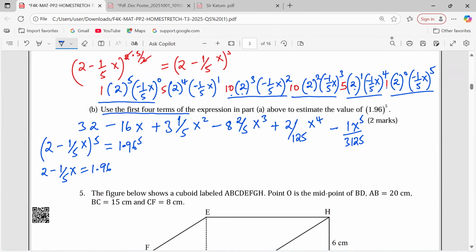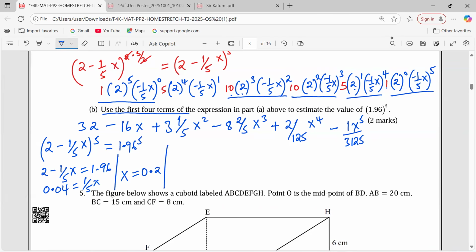At this point, we can have 2 minus 1.96, giving us 0.04. This is equal to 1 over 5x. It becomes positive. So the value of x now becomes, we multiply this by 5, 0.2. X is 0.2.